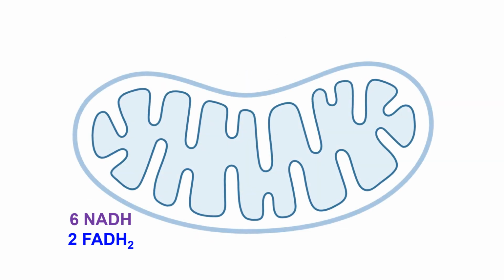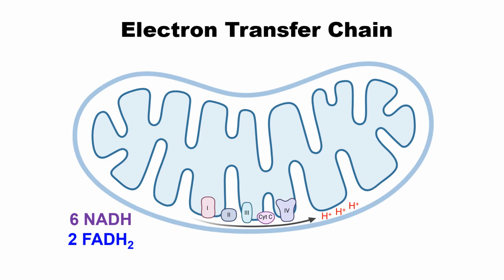These high energy materials enter a series of reactions and eventually generate a high proton concentration in the area of the intermembrane space. This process is called the electron transport chain. And this high potential energy is utilized to make ATP.